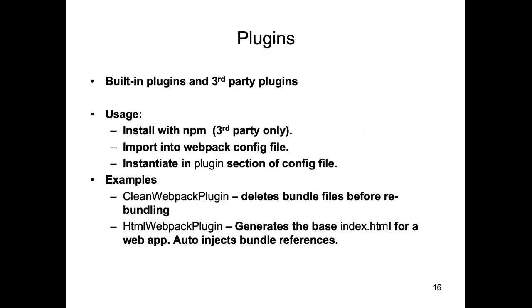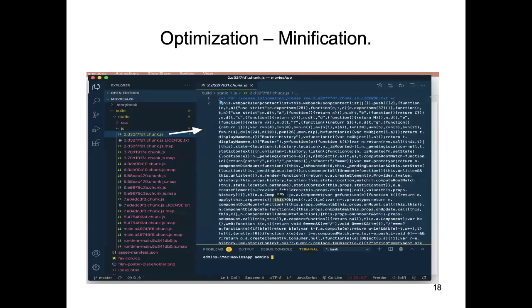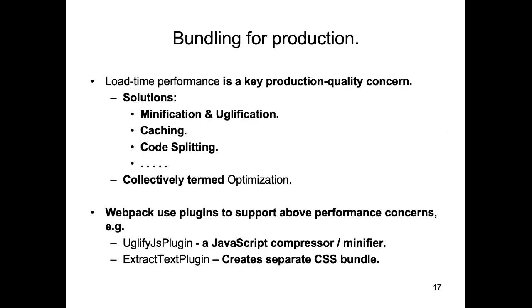So I got to here: bundling for production. As I mentioned last day, one thing is you want to minimize the size of your bundles, and fortunately Webpack takes care of that. It performs minimization.